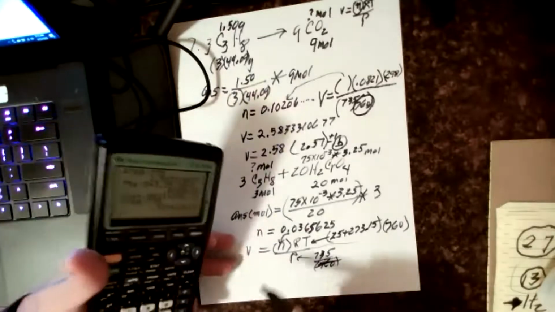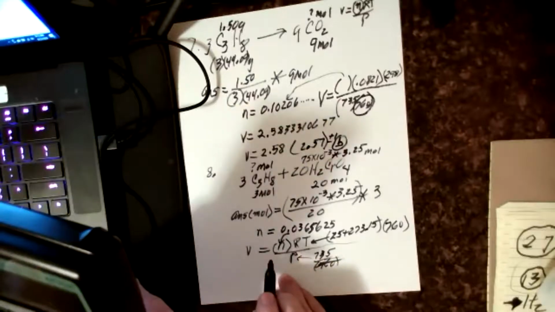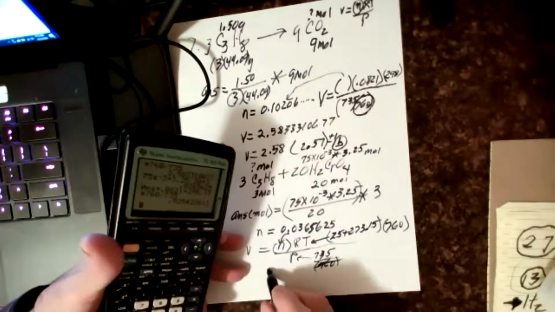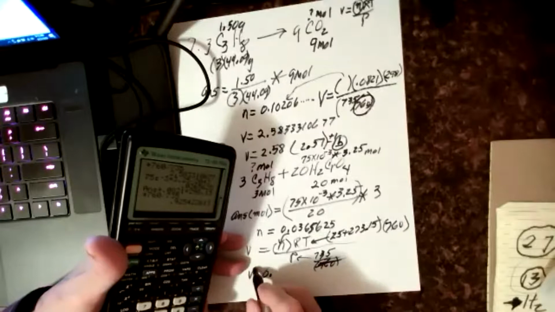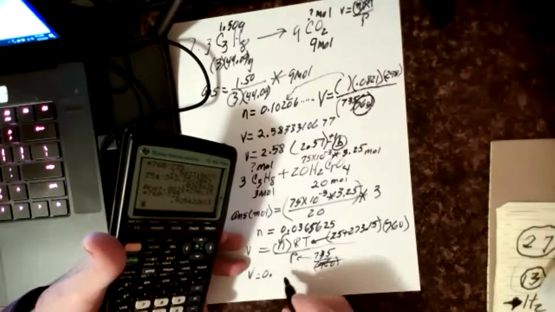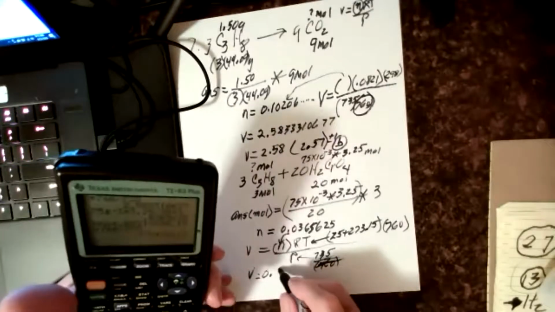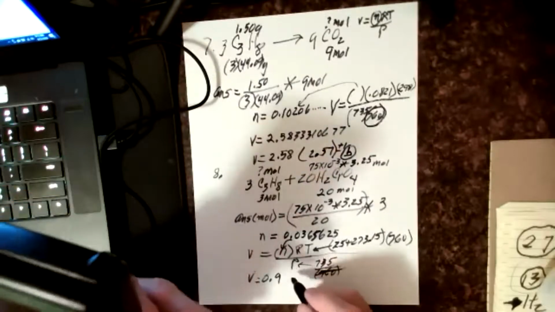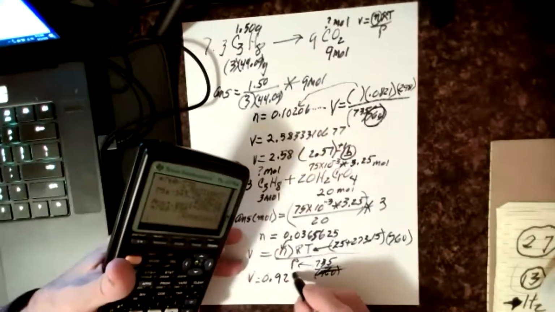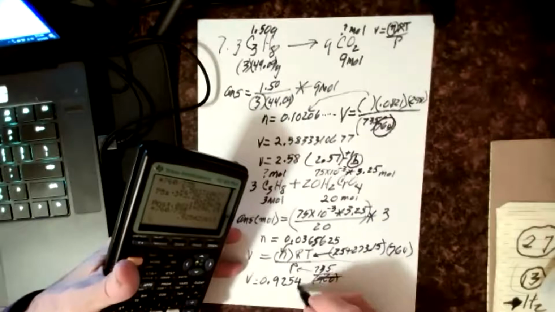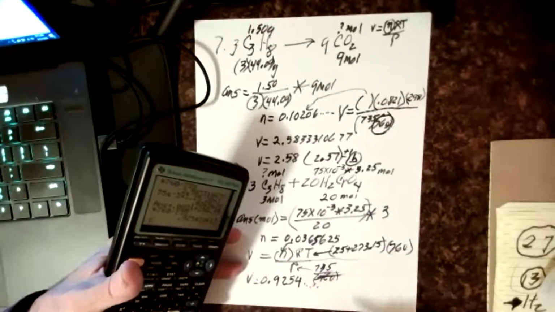Okay, so what I'm coming out with for the volume at this point is 0.925 4 and a whole bunch of other digits.